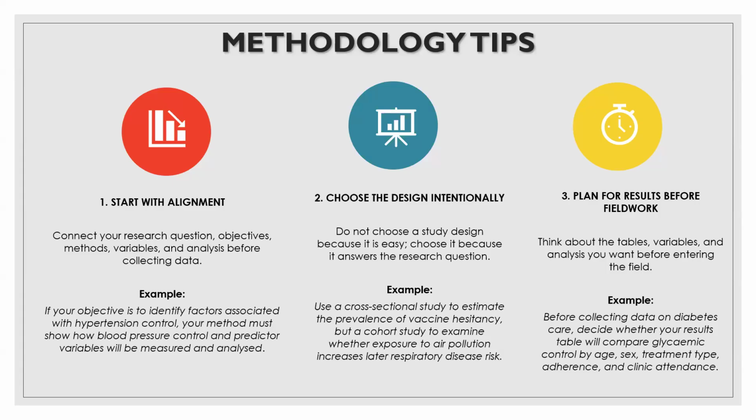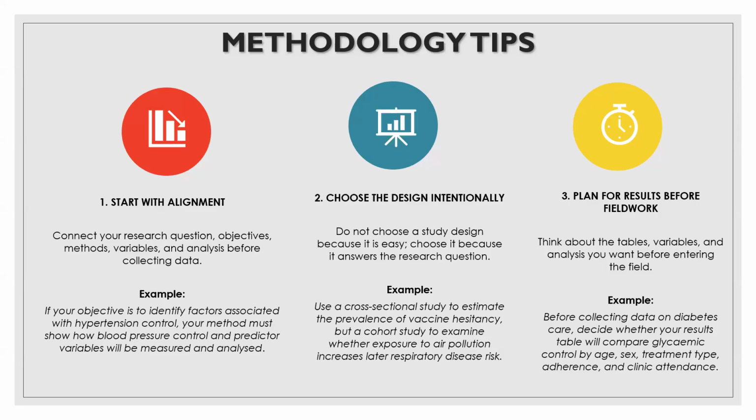All right. For example, you have the same study where you are looking at hypertension control or diabetes care. There's no way you would talk about diabetes care and not have variables like glycemic control.